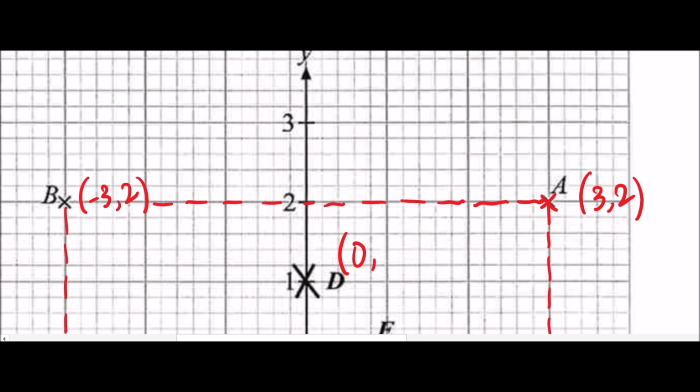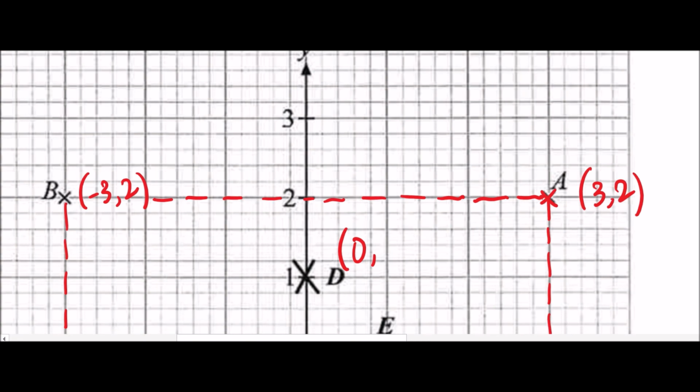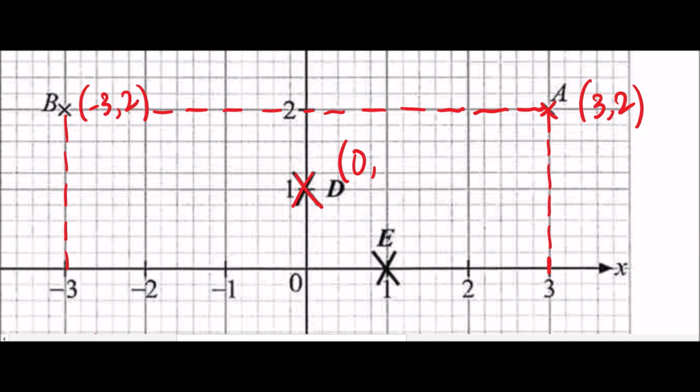Likewise, if any point lies on the vertical axis, the y-axis itself, the x coordinate is guaranteed to be 0. Why? Because over here x is 0. Can you see that? So x coordinate is 0. Then what is the y coordinate? Well, it's lying on point number 1.